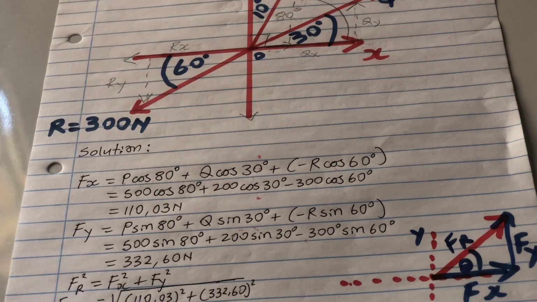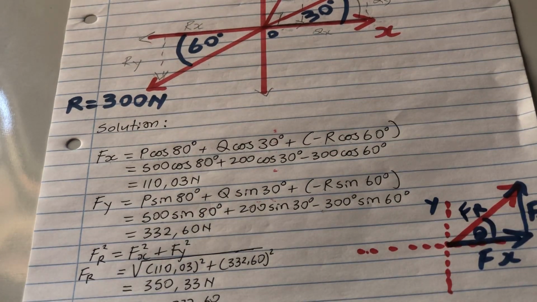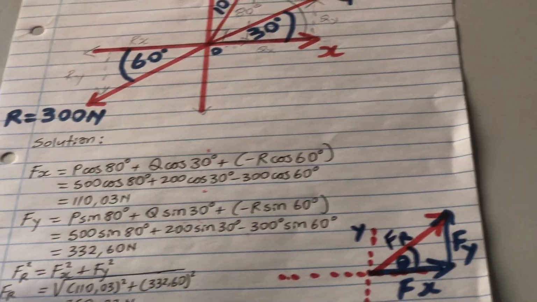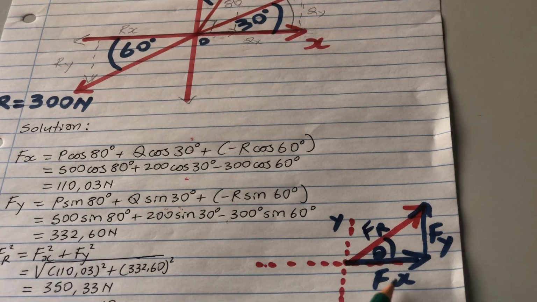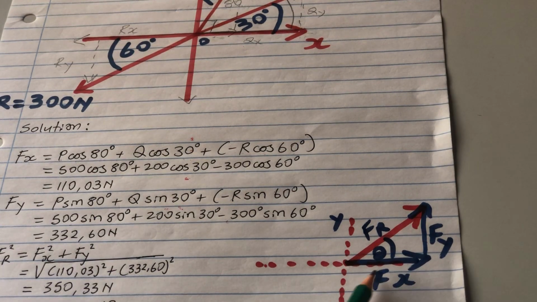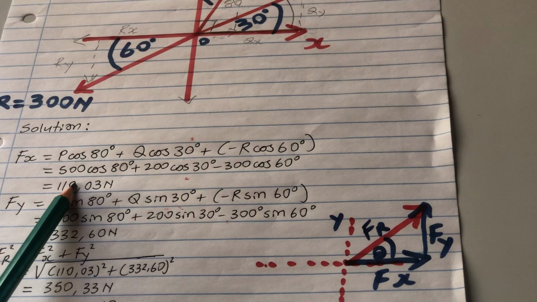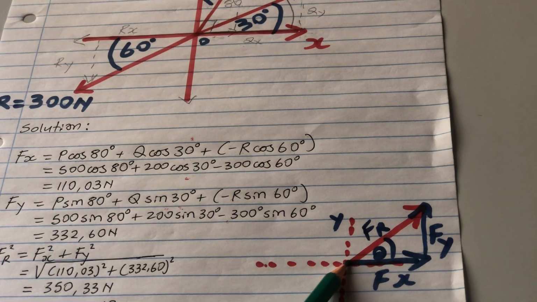We now use the theorem of Pythagoras, because we are working with a right-angled triangle. You can see I've just put this here. The Fx that I got here is positive, so it will point to the positive x direction.